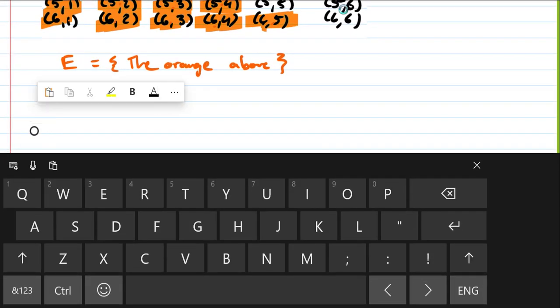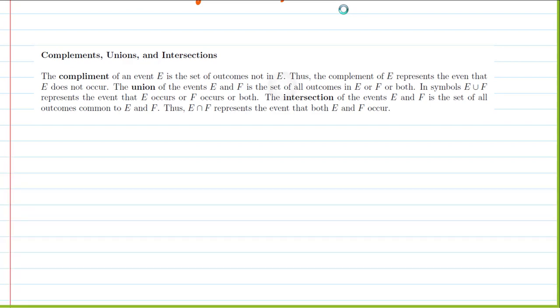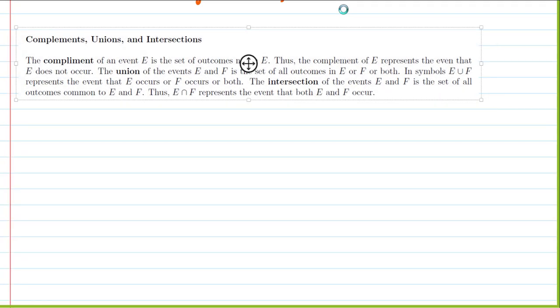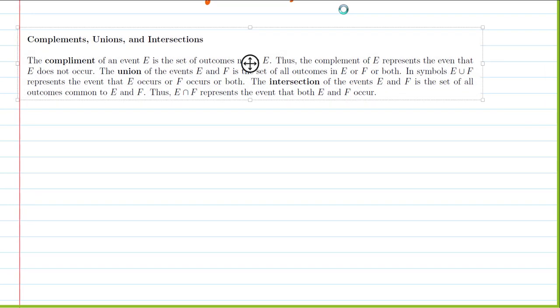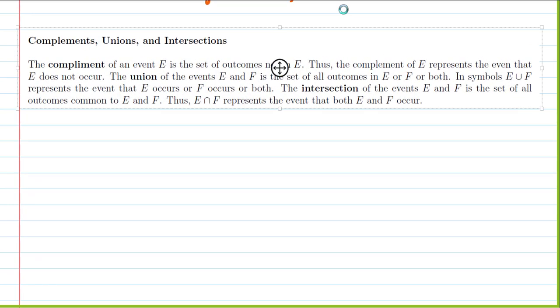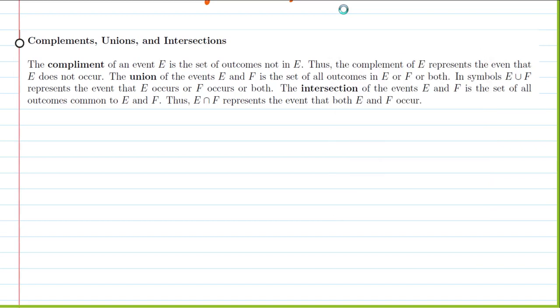So basically, if we think back to when we were talking about our set theory, unions were or statements, and intersections were and statements. Complements were all of the things that were not in a set. So the complement of an event E is the set of outcomes not in E.